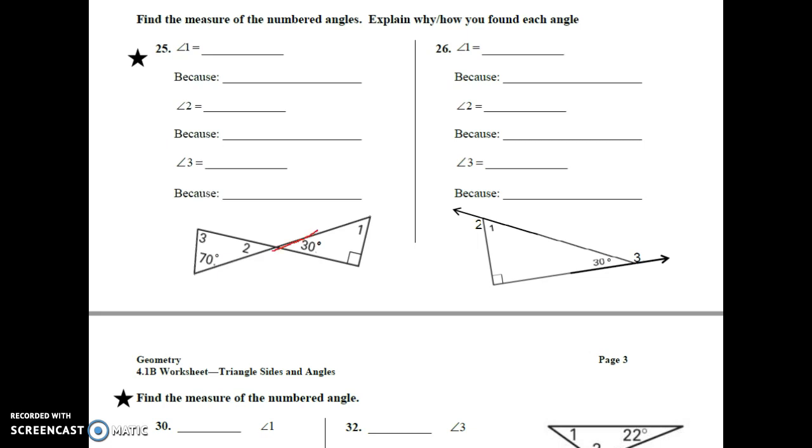The one thing that I noticed right here is that we have this x. We have angle 2 and angle 30 are vertical angles to each other. So that probably would be my first angle I would fill in, and I would say angle 2 is equal to 30 degrees because vertical angles are always equal. Then if I look at it, I notice that I have 2 separate triangles. I have the triangle on the right, and in that triangle we have 2 angles.